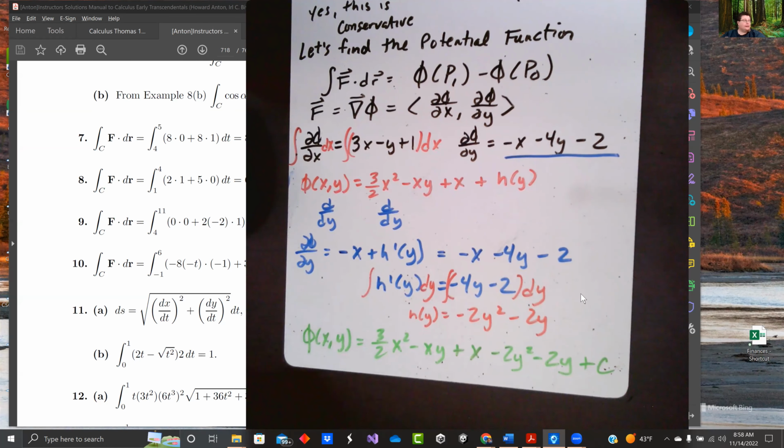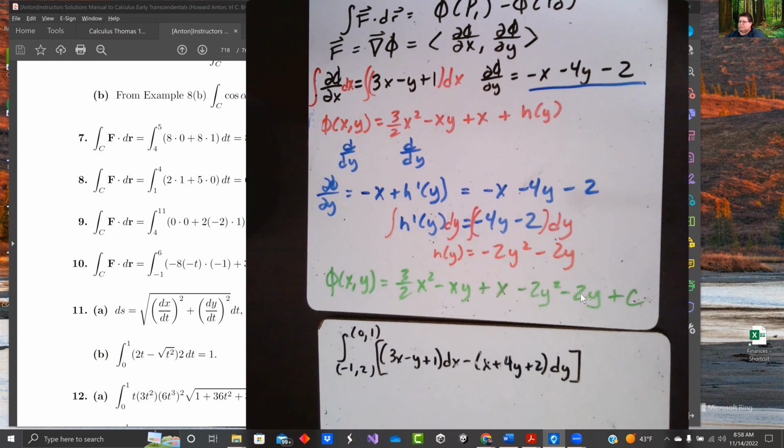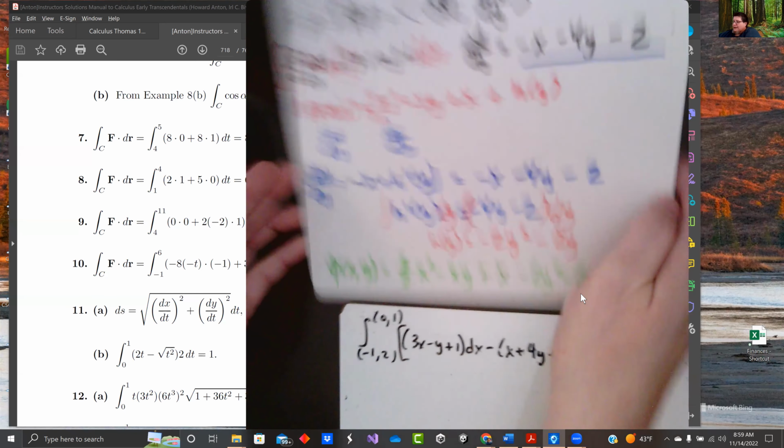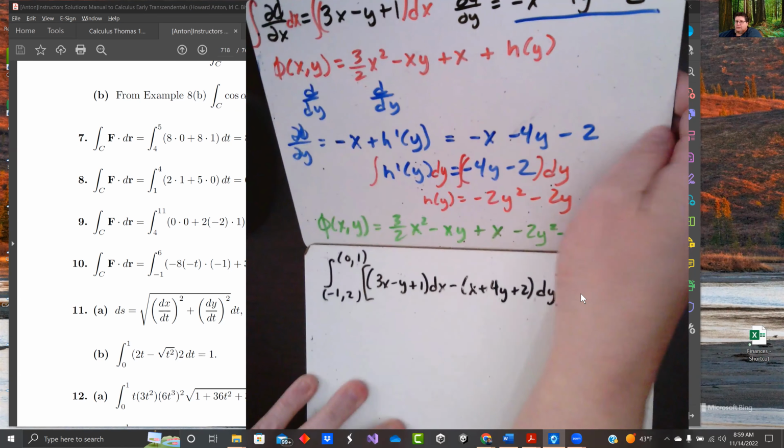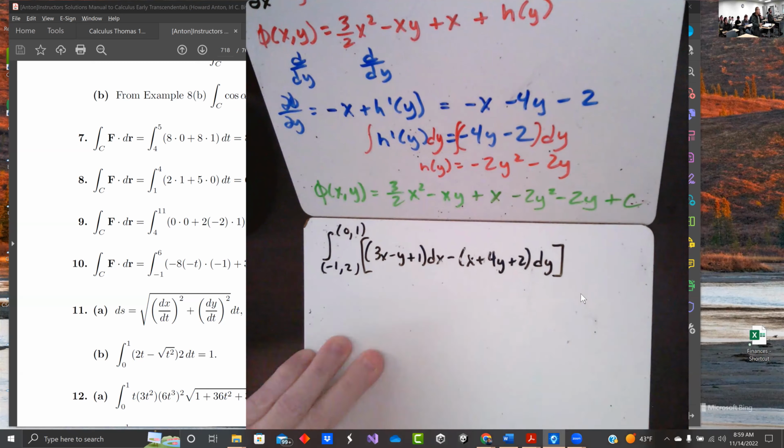The constant tends to not be used because the reason we come up with potential functions is to use them. So if I were to treat the problem we just had as an integral, I'm going to rewrite phi down here.